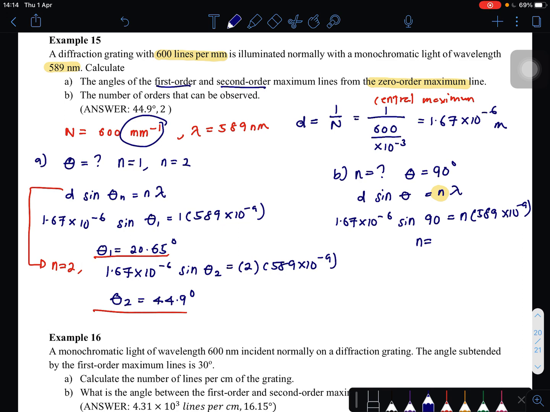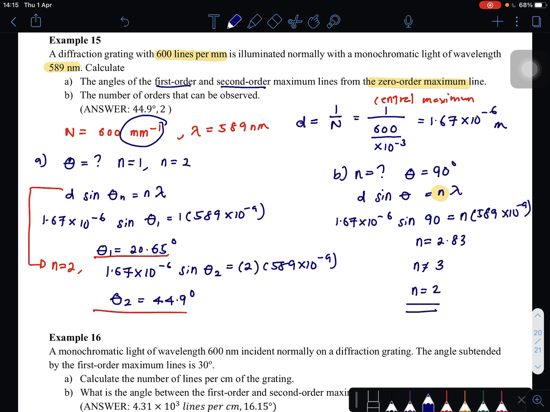So n akan dapat something 2.83, I think. But okay, sebab dia adalah number of orders, tidak boleh ada titik perpuluhan. Kalau ada titik perpuluhan 83 ni kita tidak boleh bundalkan. Kita akan ambil sebab dia tidak akan sampai 3. It's not equal to 3. So we go with n is equal to 2.